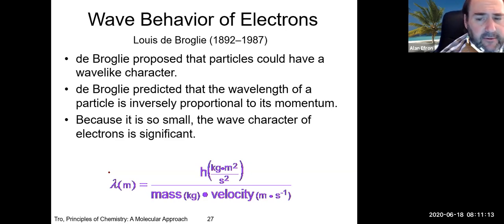A guy by the name of de Broglie proposed that if particles could have some wave character, then waves could also have particle-type functions. He came up with the formula that we see here. This is what's sometimes referred to as the de Broglie wavelength.